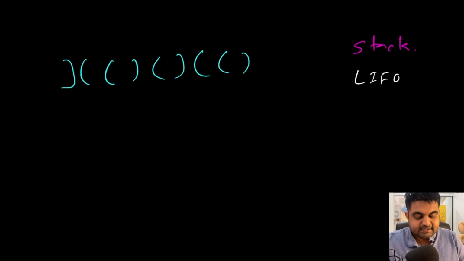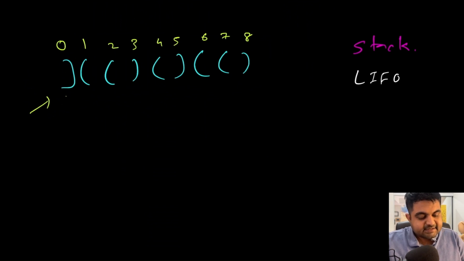And the idea is that for each of these positions, rather than just storing whether it's an open or closed bracket, we can actually store the index values. So let me write down the index values. Now inside the stack, we will only push values when we encounter some open bracket, because it could be possible that sometime in the future there might be a closing bracket.